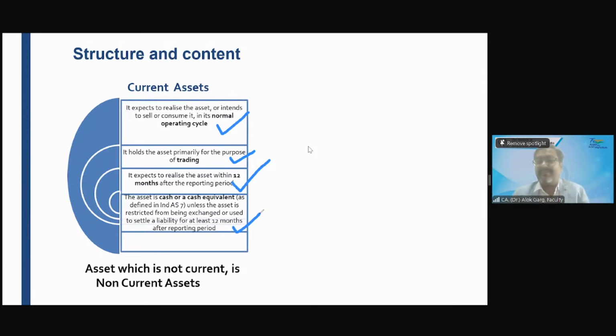What does it mean? Cash और cash equivalent का मतलब क्या होता है? Let's say a company has invested in the shares of a listed company. I mean to say the company has invested into the shares, and the company is able to sell these shares.